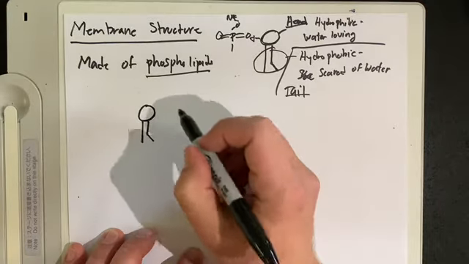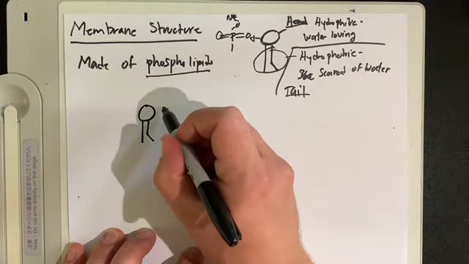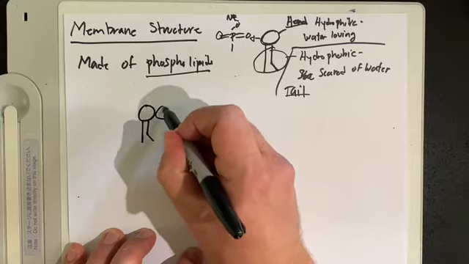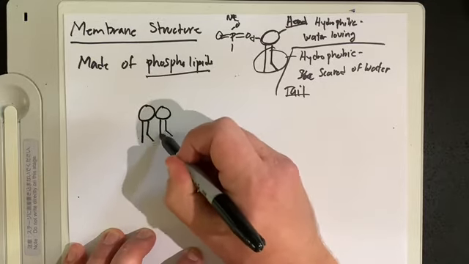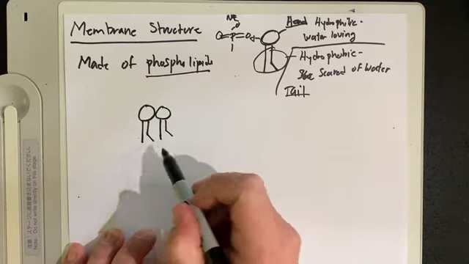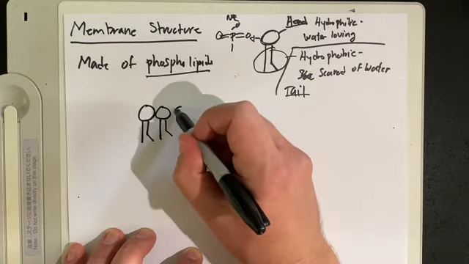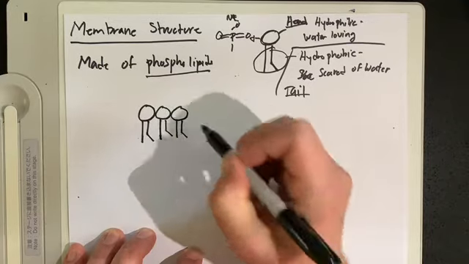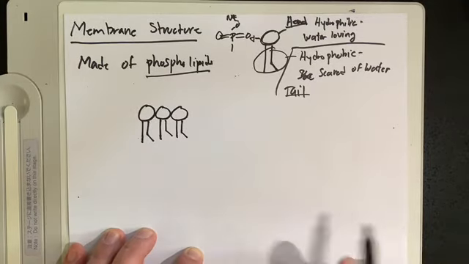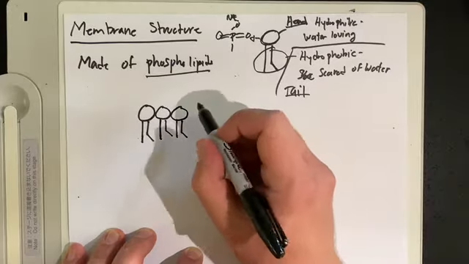So we have a lot of these. And what's going to happen is our hydrophilic heads are going to want to interact with each other because they all are water loving. And our hydrophobic tails are also going to be next to each other because they are hydrophobic or water scared or water hating, if you want to say it that way.